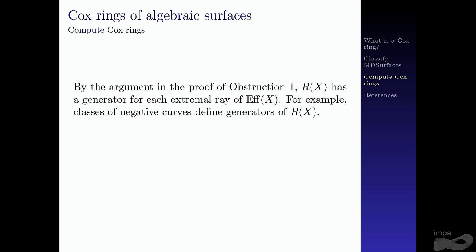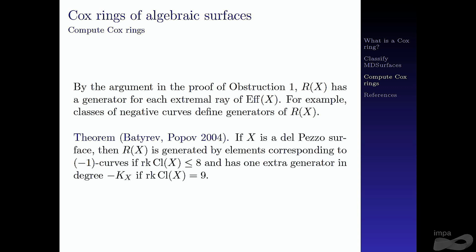For example, as I said before, classes of negative curves define extremal rays of the effective cone, and thus they produce generators of the Cox ring, meaning that for each negative curve, there must be a generator of the Cox ring with that degree. And in some very special cases, these are the only generators. For example, there is this theorem by Batyrev and Popov.